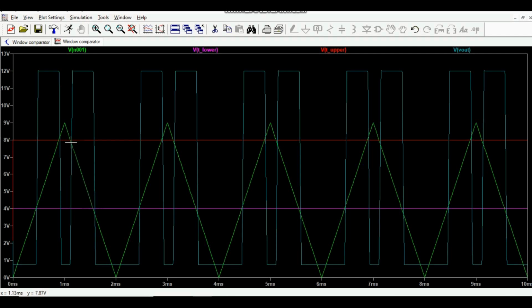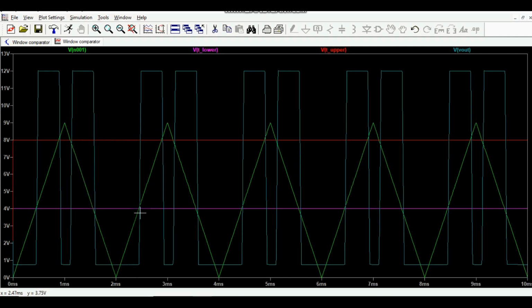From here to here your output is again high, you can see. And then again your input signal is less than your lower threshold, your output is low, 0 volt or 0.7 volt. So this repeats again, right?